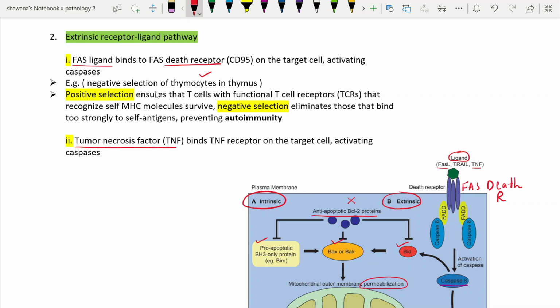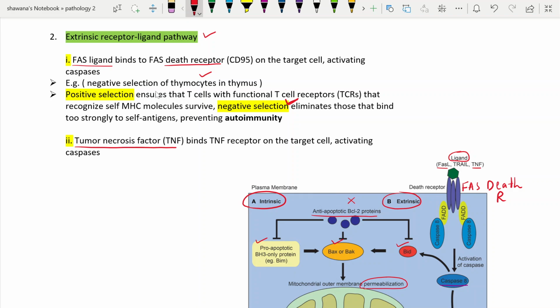They undergo differentiation, but in the thymus there are two mechanisms by which these lymphocytes undergo differentiation. First is positive selection, and the second is negative selection. Among these two, negative selection is the example of apoptosis, by the extrinsic receptor ligand pathway.